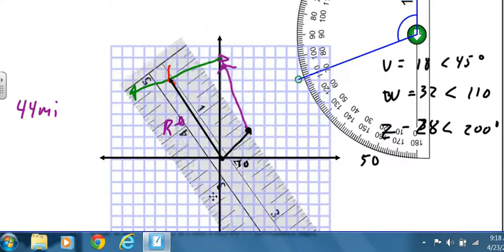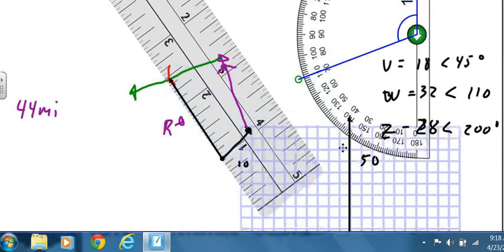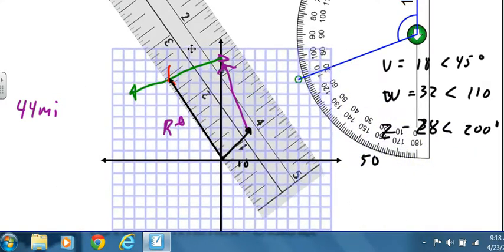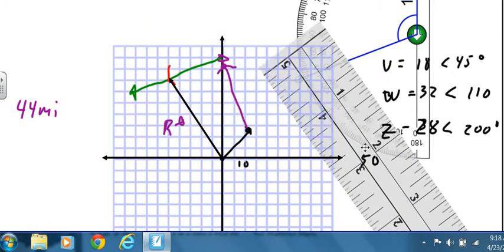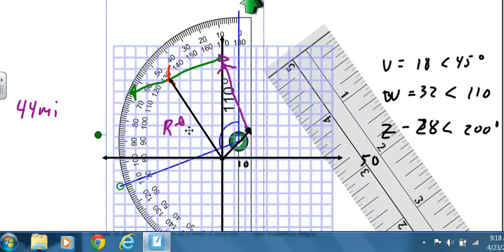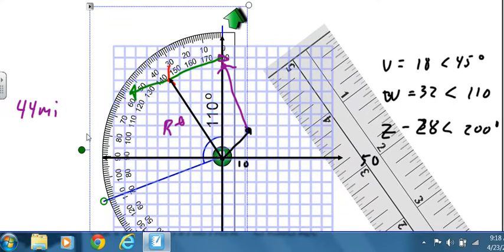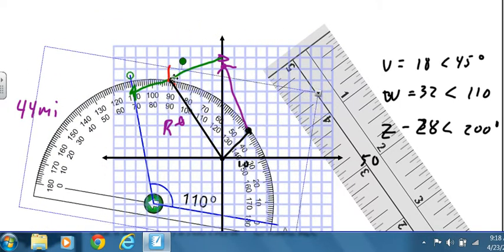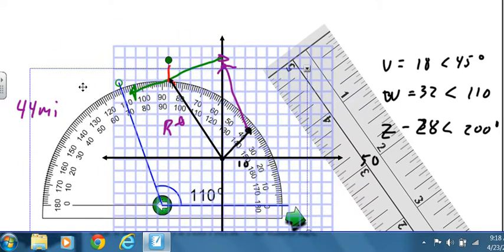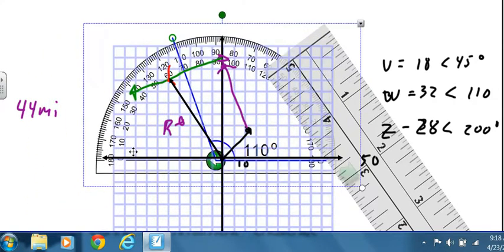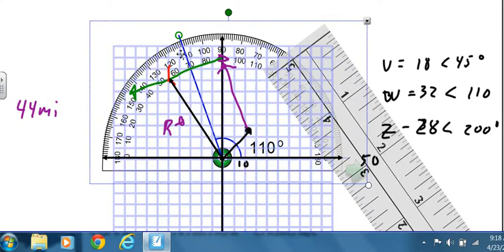Well, I would move my ruler out of the way. No, not the graph. Move the ruler out. Well, I could move the graph out of the way, I suppose. And then we want to go and measure the angle. So we'll turn this guy back that way. Okay, so we're like that.